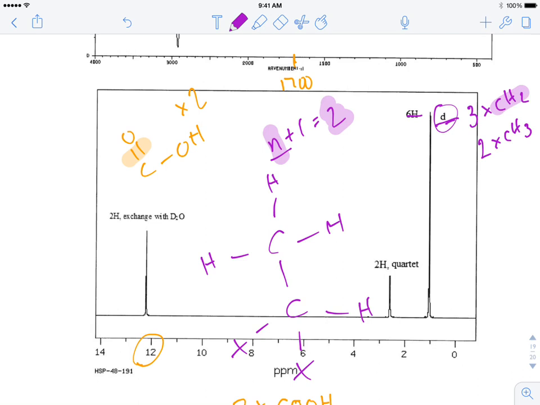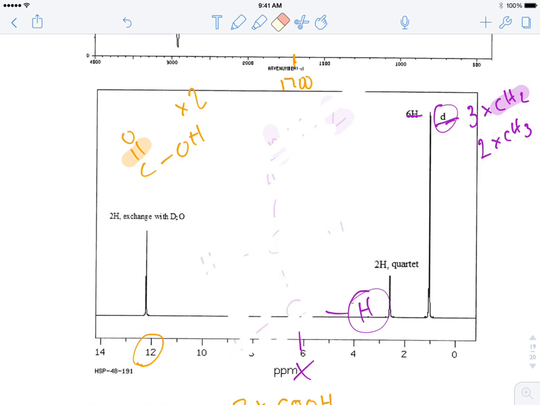So that doublet would be an indication that our surrounding carbon, in this case just 1 carbon, will only have 1 hydrogen. And so that is what the splitting is going to help us acknowledge.